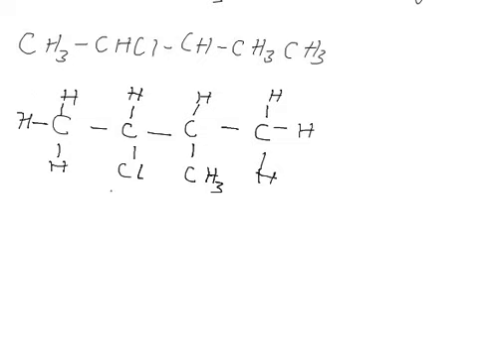You have chloro, and then you have methyl as the alkyl group here. So you start by writing your butane, then you name this 1, 2, 3, 4, right? It will be 2 chloro, 3 methyl butane.